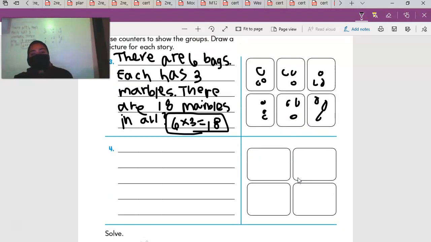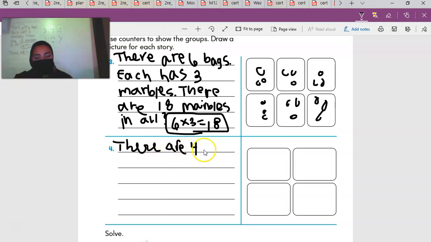Okay, who wants to give me a problem for number 4? Renaya? There are, but how many jars are there? Oh, there are 4 jars. Okay, good.